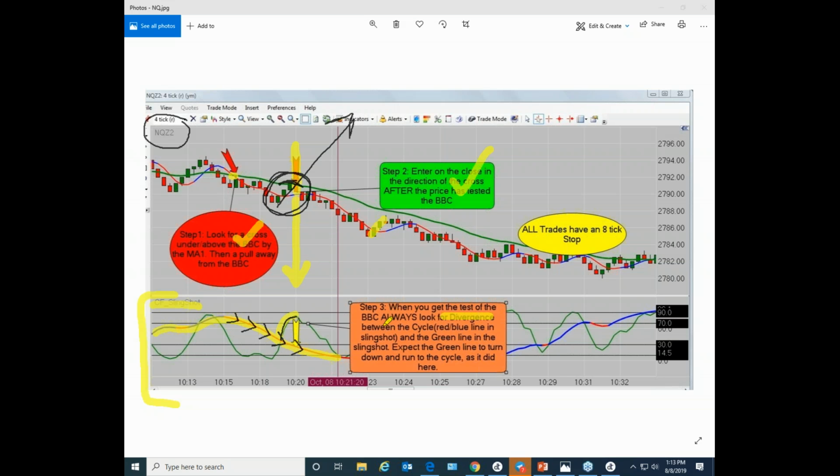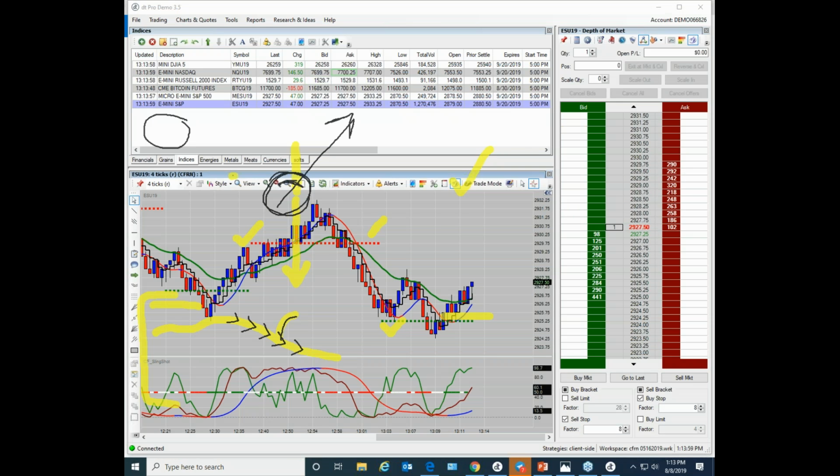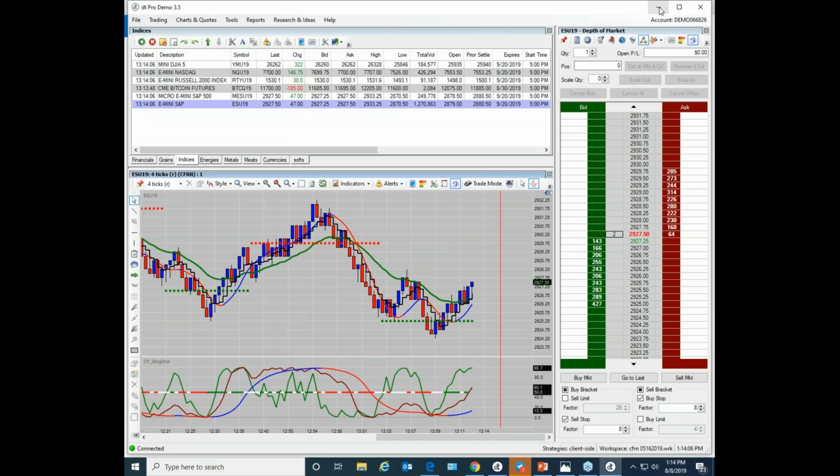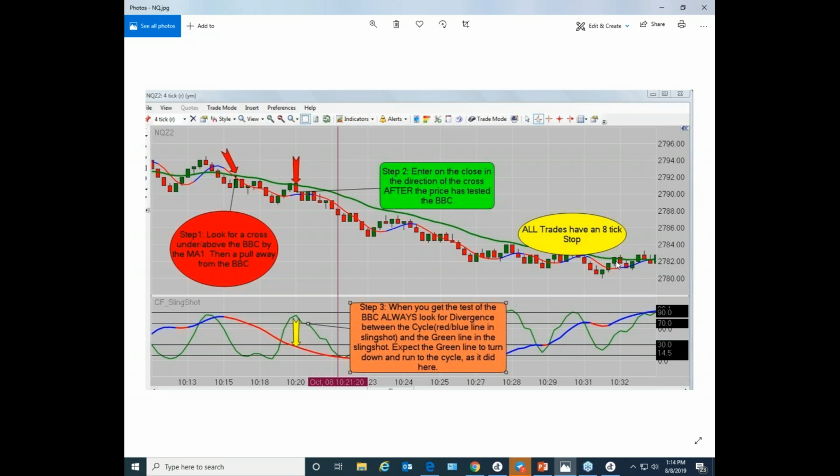When all those variables are set in motion, man, there's nothing left to do but to go inside the platform, okay? Nothing left to do other than to pull up the DOM, get rid of all this goofy stuff here, and get short and left click, okay? That's it. There's no other filtering, because here's the deal. When this is present, okay, we got a nice red cycle in the direction of the trend, and this is pulling away.